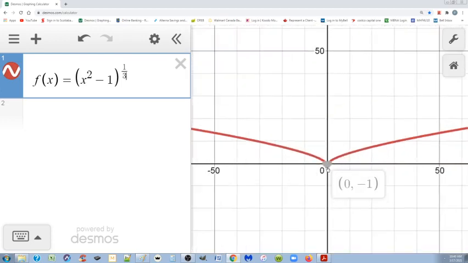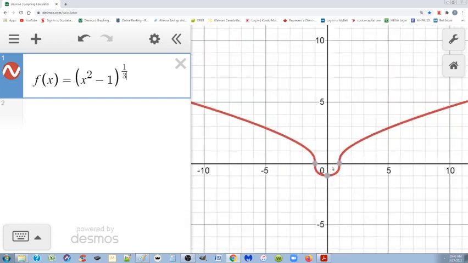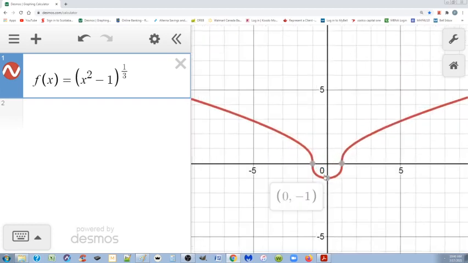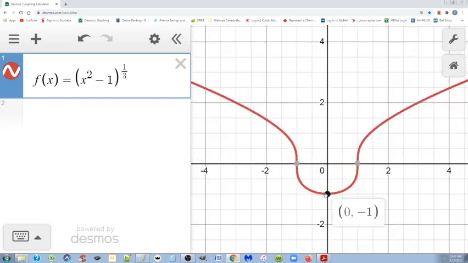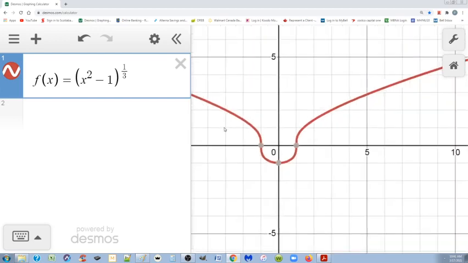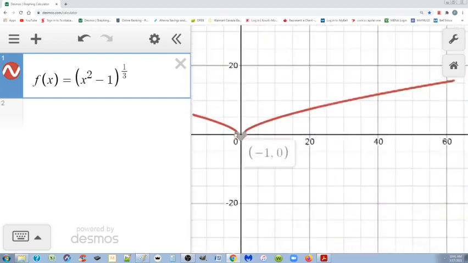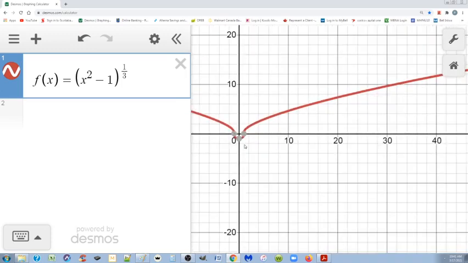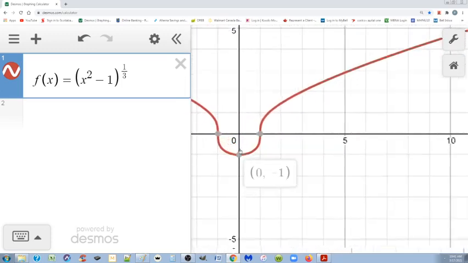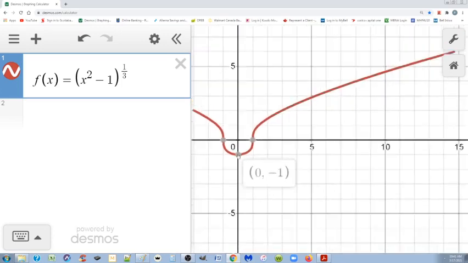Yeah, but at least we analyzed it correctly. So there's the x-intercepts. And by taking the second derivative, we could see there was only one critical point. Strange looking graph. Looks like it has y is bigger or equal to negative 1 as a range.